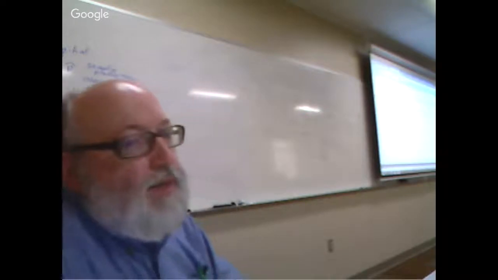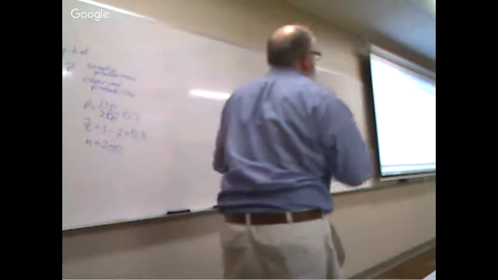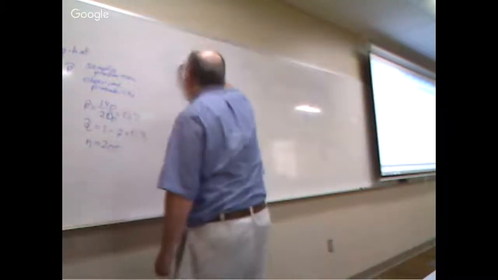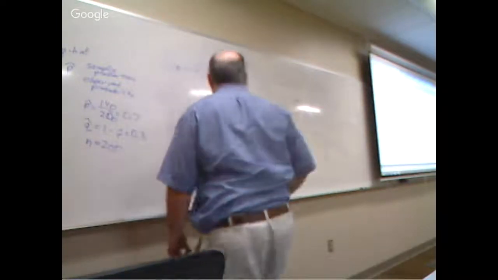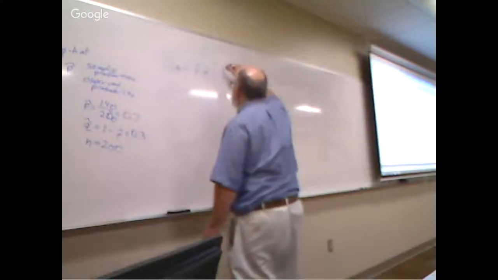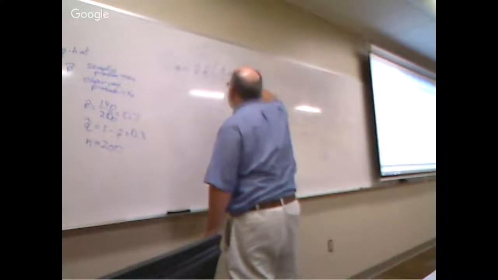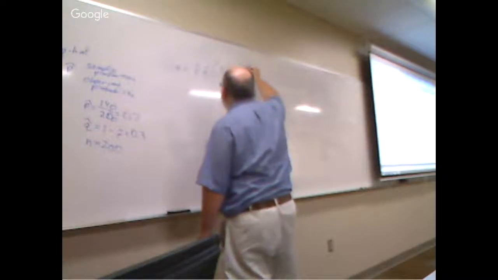Okay? So let's say that I want, well, first of all, we're going to write the formula. n equals p hat q hat times z of alpha over 2 divided by capital E, squared.